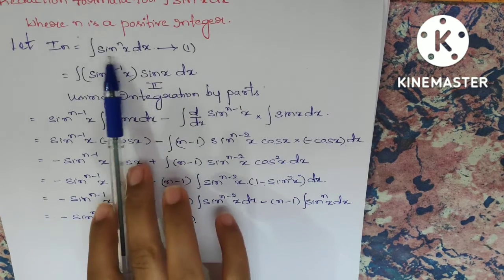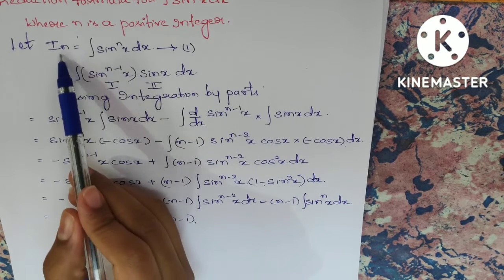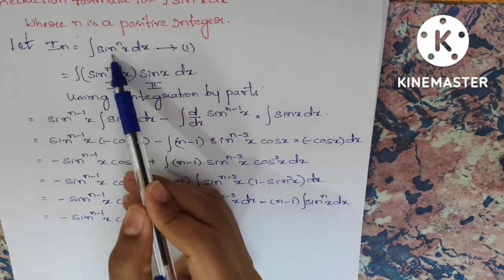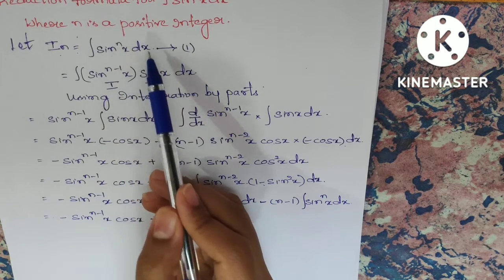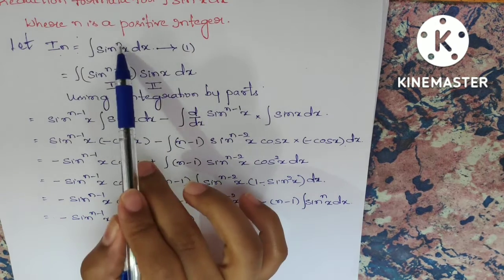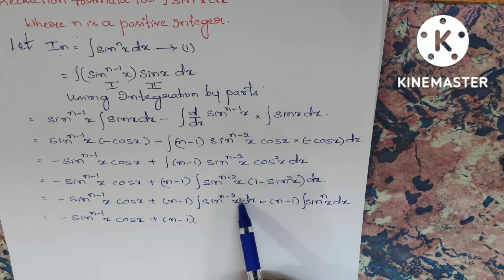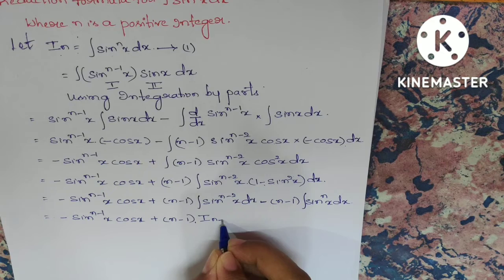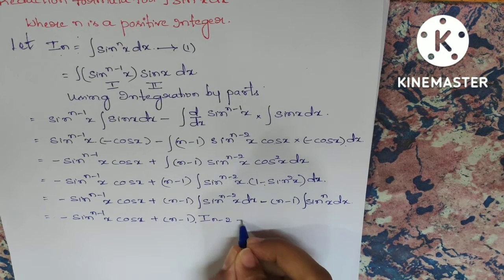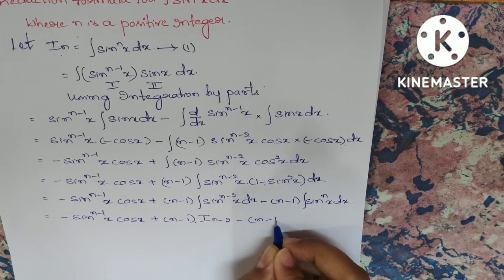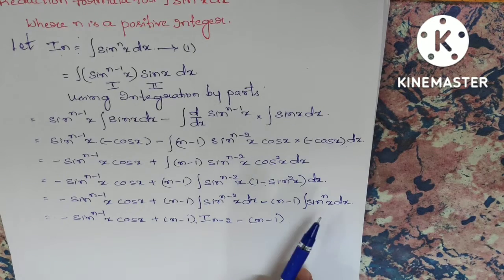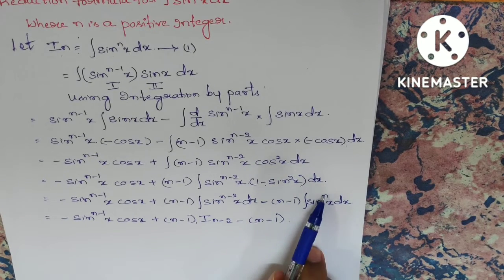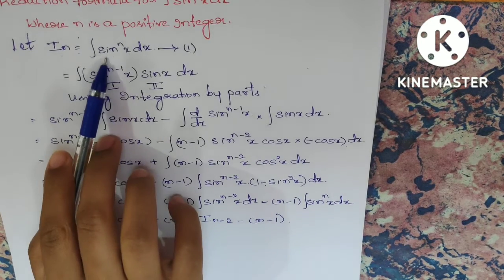Students, observe here, in the first equation I_n equals integration of sin^n x dx, but here in place of n I have n minus 2. For this I can write I_(n-2) minus n minus 1 into integration of sin^n x dx from equation 1.